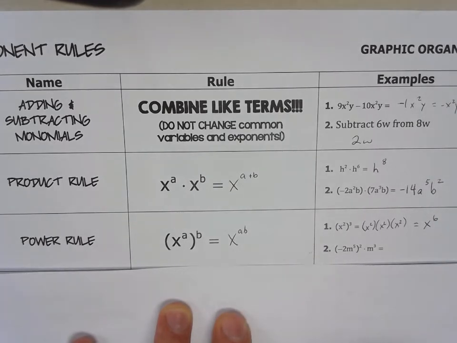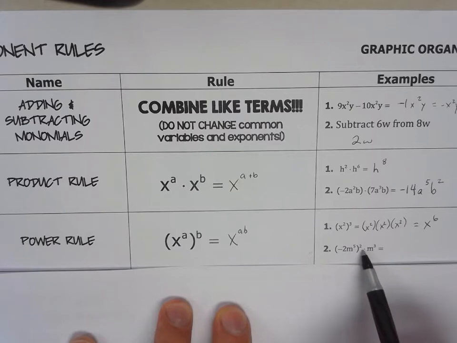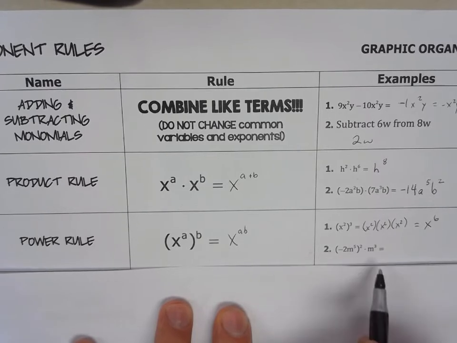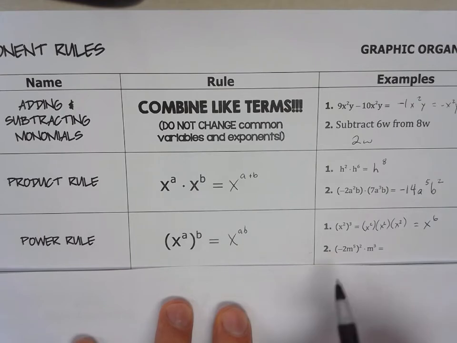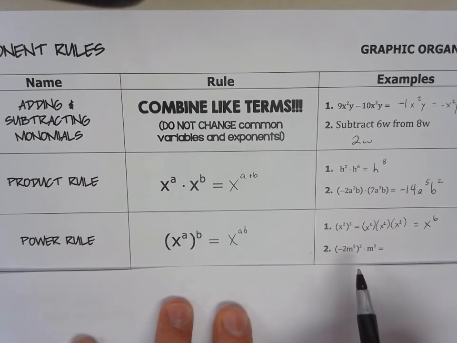All right, great. This one we kind of combine a couple rules as well. So we have negative 2m to the 5th power, all to the 2nd power, and then times m to the 3rd. So let's first deal with this term in our parentheses, and then we'll move on to that m to the 3rd power. So if we have negative 2 m to the 5th, all squared, that means everything inside that parentheses needs to be squared.